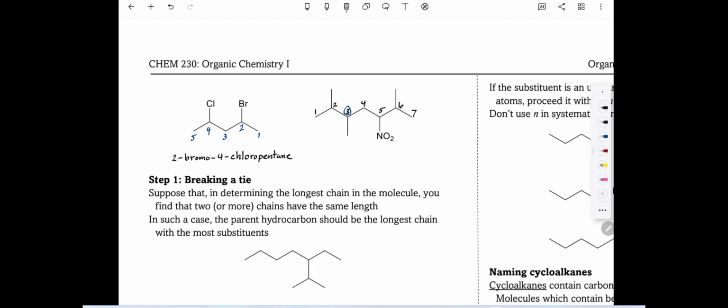Okay, so methyl alphabetically comes before nitro. So we're going to list our methyls first. So we have methyls on carbons 2, 3, and 6. So that would be trimethyl.